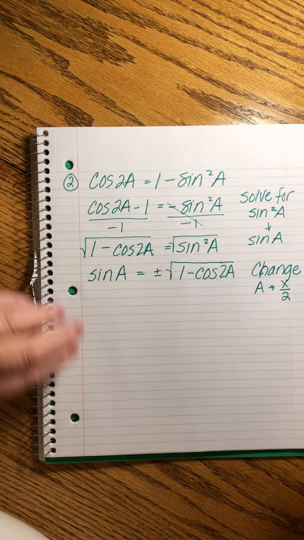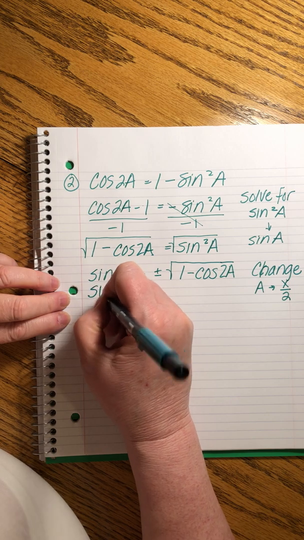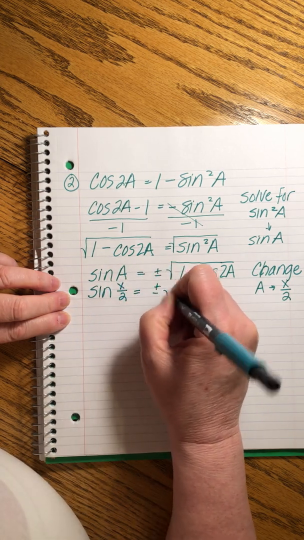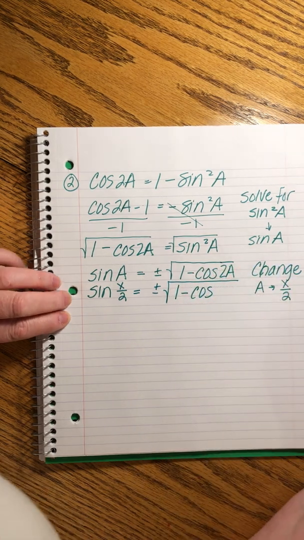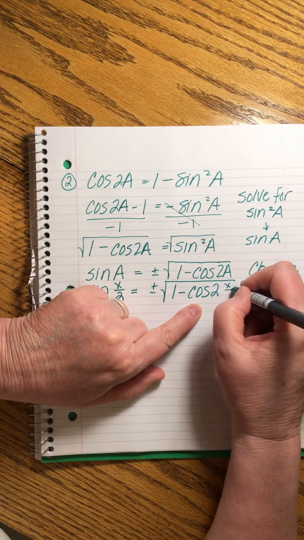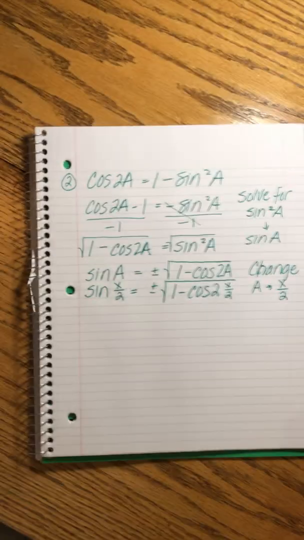We're going to make it look different. So look what I'll have. I'll have the sine of x over 2 equals plus or minus square root of 1 minus cosine. Okay, here it gets a little crazy. 2 times x over 2. Right? I just substituted it in.